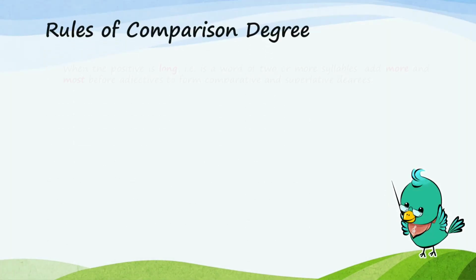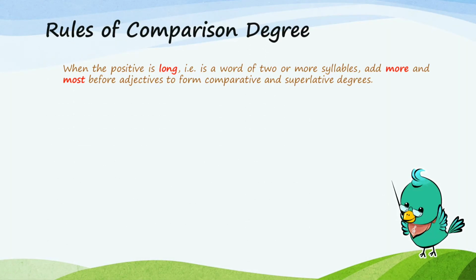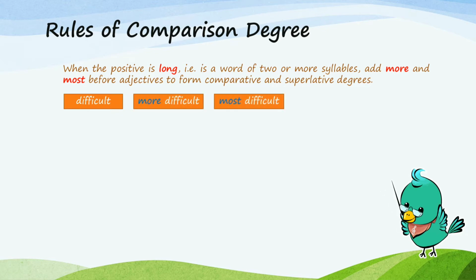When the positive is long, that is, a word of 2 or more syllables, add more and most before adjective to form the comparative and superlative degrees. For example, difficult, more difficult, most difficult.